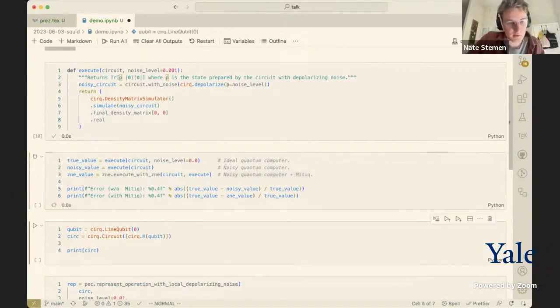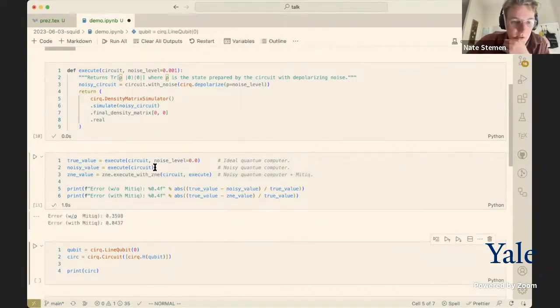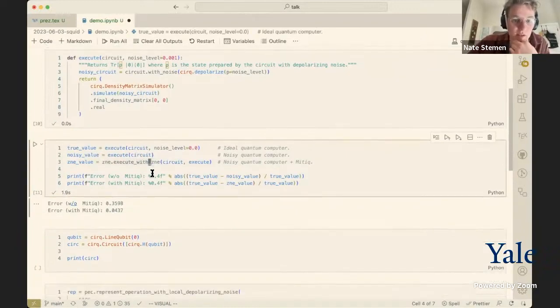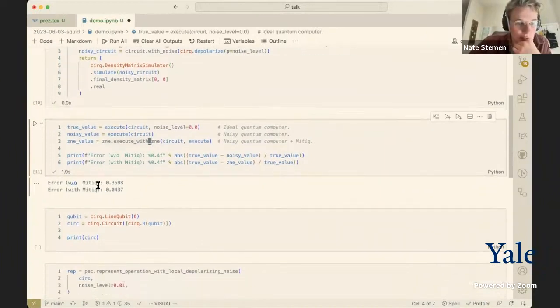And so when we run this, it takes a little bit longer because we not only are simulating these two circuits, but z_e is going to have to run a few different circuits in order to generate the zero noise limit. It's going to have to do that extrapolation like we saw. And you can see the error without Mitiq is 0.35, and the error with Mitiq is going to be 0.04.